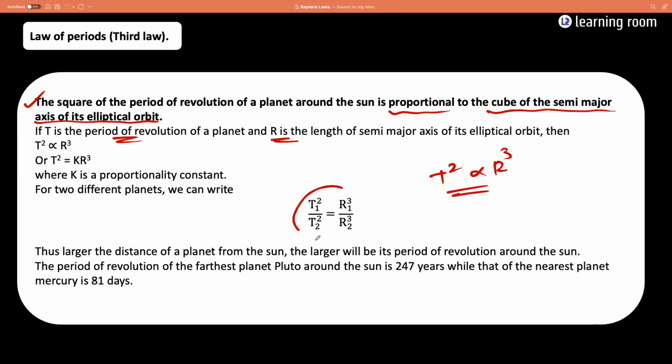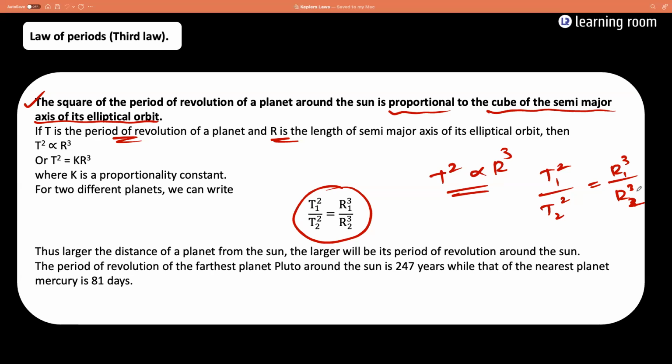So when you take the ratio, it will be like this: T1 square divided by T2 square is equal to R1 cube divided by R2 cube. This clearly indicates that larger is the distance of the planet from the sun, obviously, the time period of revolution is going to be more. So when you see the period of revolution of Pluto, it is 247 years.